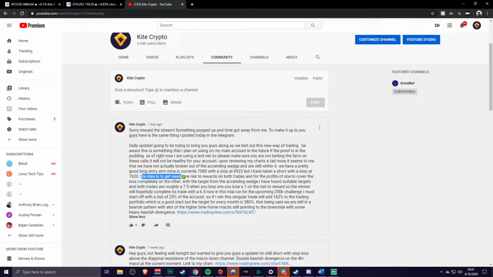The idea is to get awesome risk rewards on both sides and for the profits of one to cover the other loss completely. With the target from the ascending wedge, I found suitable targets, and both trades are roughly a 7.5. You'll lose a 1 on the risk to reward ratio if the winner comes out on top.